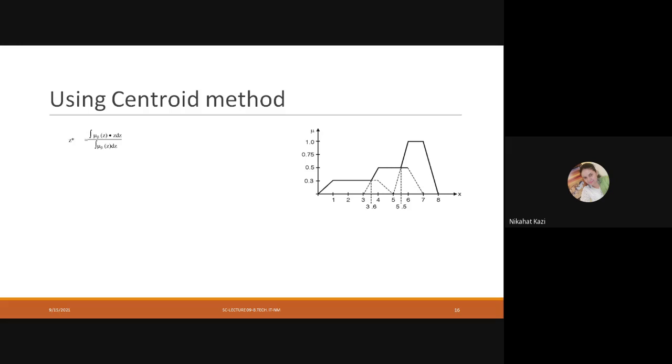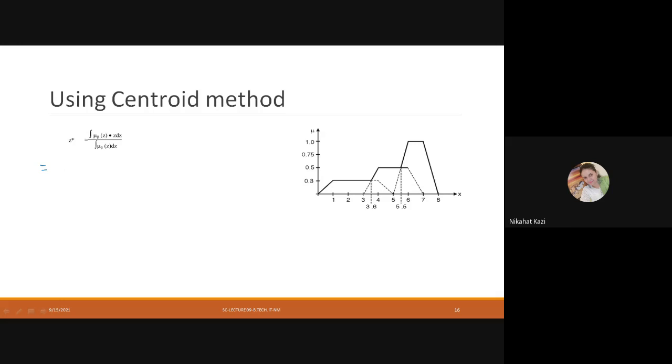So how will you proceed? You have to use the definite integrals here. Each of these lines, you have to see the area under that line.